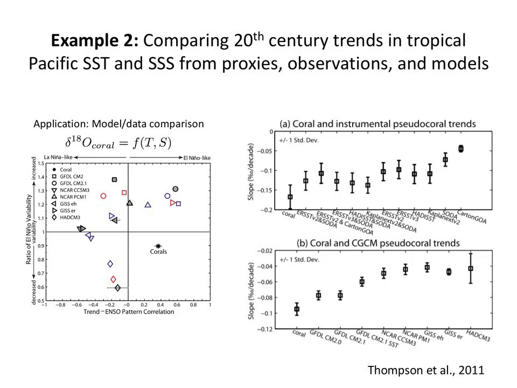Okay. So next, I just wanted to highlight some of Diane Thompson's work, looking at changes in the tropical Pacific mean state and ENSO variability over the 20th century, and comparing that between proxies, observations, and coupled models.